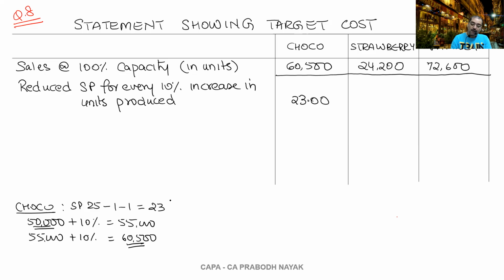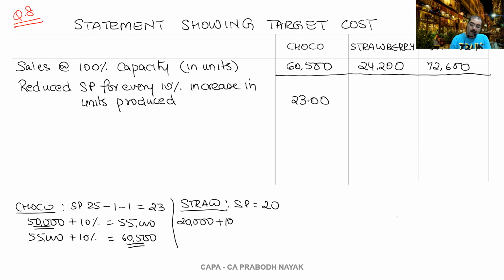Same thing I will do for the second one, strawberry. Existing selling price is 20 rupees. Existing production for strawberry is 20,000 units. I want to increase it to 24,200.